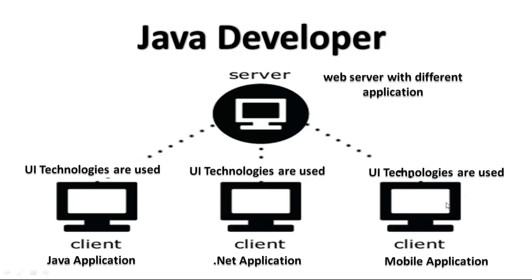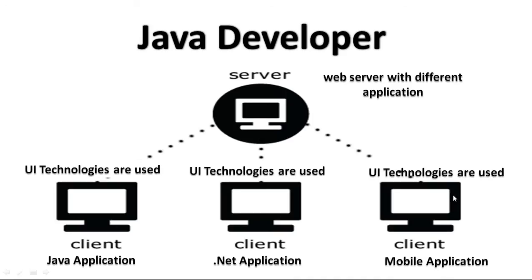There are 3 clients and there is a server. This server has different applications, like a Java application, .NET application, and mobile application. Now this client is accessing a Java application. The second client is accessing a .NET application from the server. The third client is accessing a mobile application from the server.